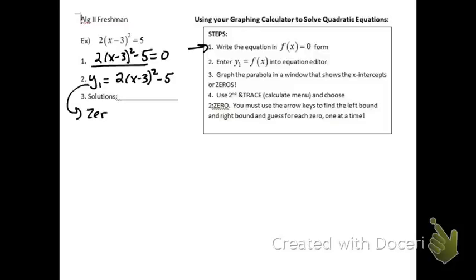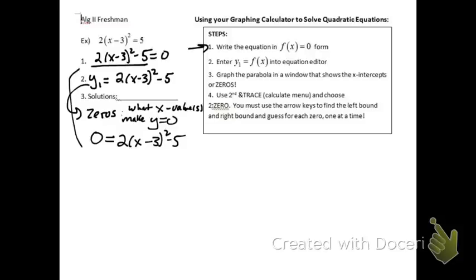If you remember, when we find the zeros, really we're finding the x value, so we're finding what x value or values make y equal to 0. So we're going to use a feature that essentially is going to say, okay, let's put in a 0 for y and try to solve this equation. And if you think about it, that's exactly what we want to do. That's the equation we're solving in step 1. So let's go about doing this.